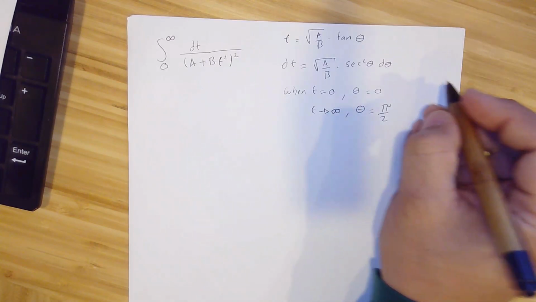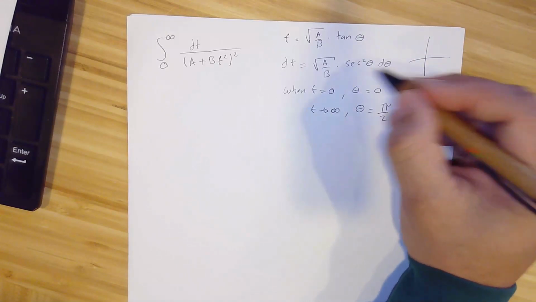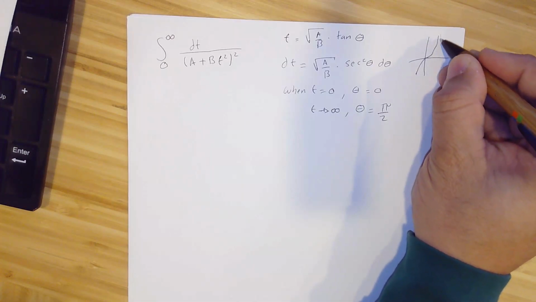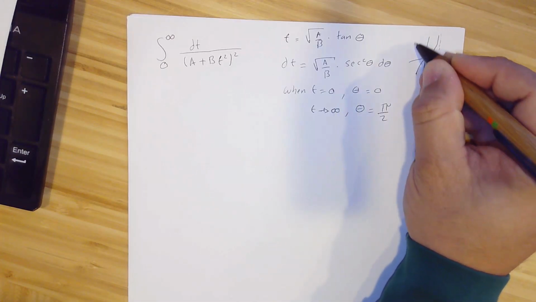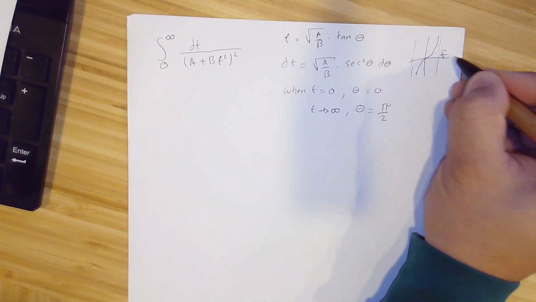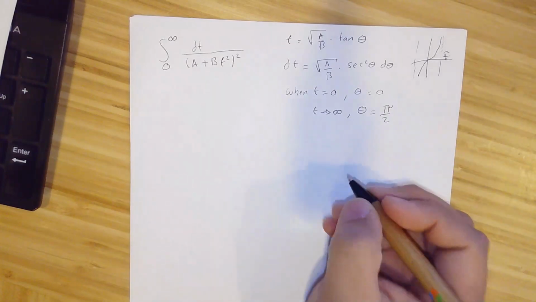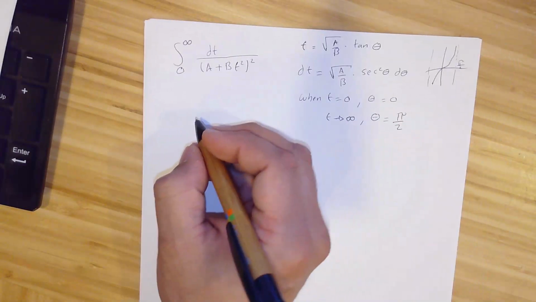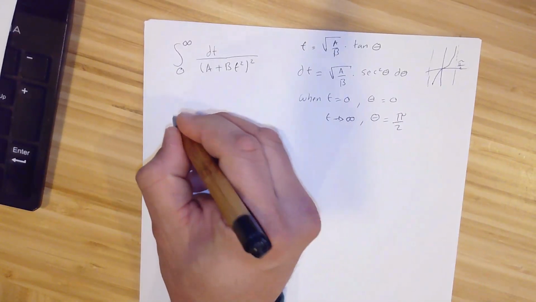And you know why, right? Because the tangent function is going like this, and we have an asymptote here at pi over 2, right?